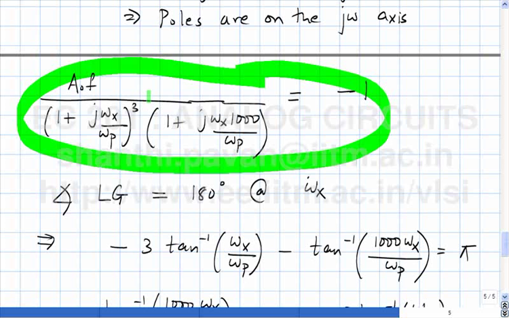But intuition wise, where do you think the omega x should be? Is it going to be less than omega p by 1000?